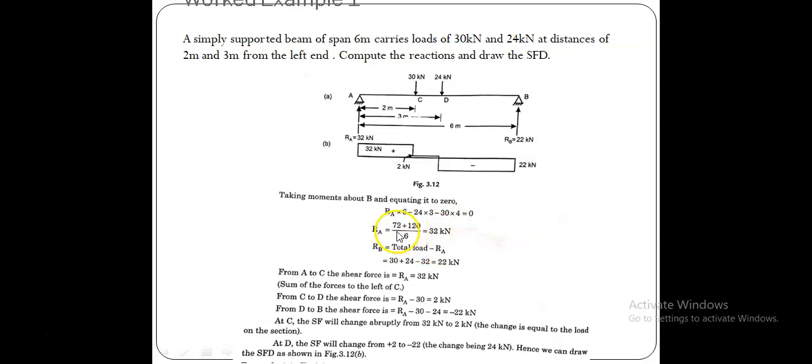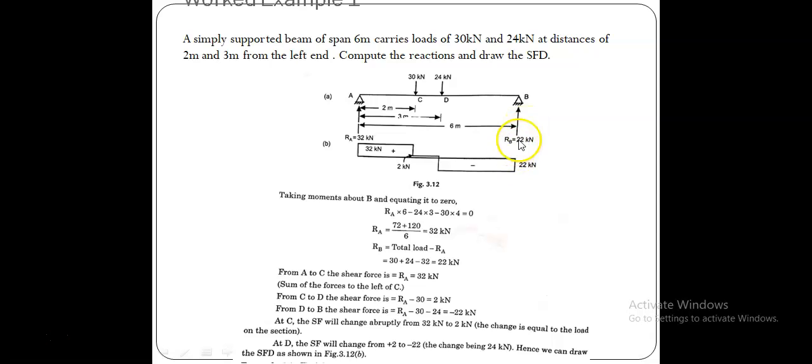Okay, then once you know RA or RB, from the equilibrium equation, for this case we can find RA. RB can be calculated as the total force acting on the beam minus RA. Whatever loads are acting on this beam are shared by these two supports.